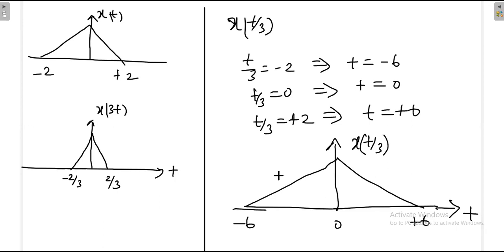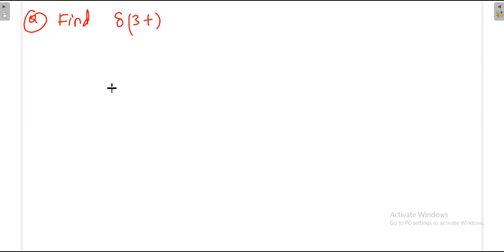Then next find del of 3t. To find del of 3t, first of all you should know del t. If it is del t, exactly at 0 you have an impulse. Then you compare the values with 3t.